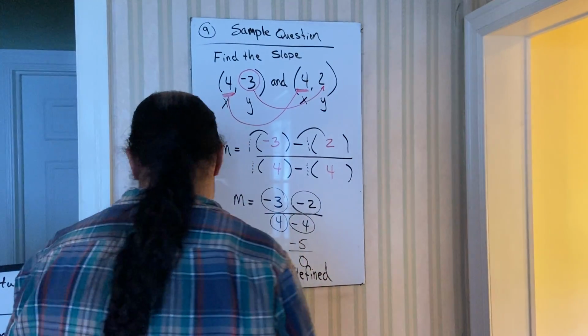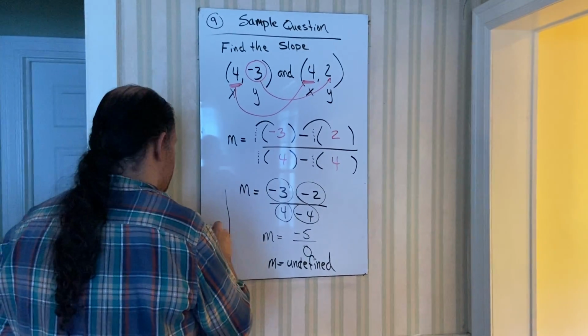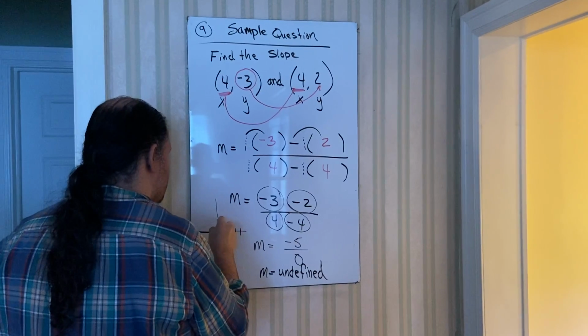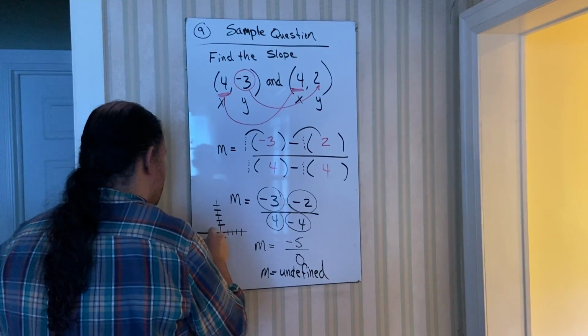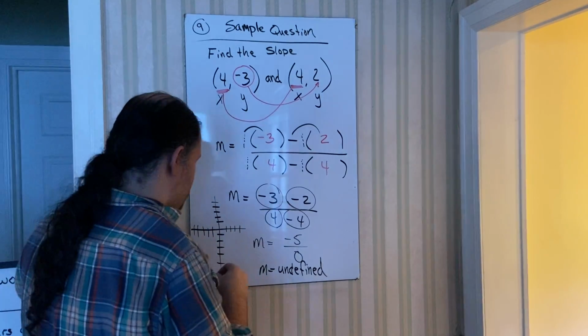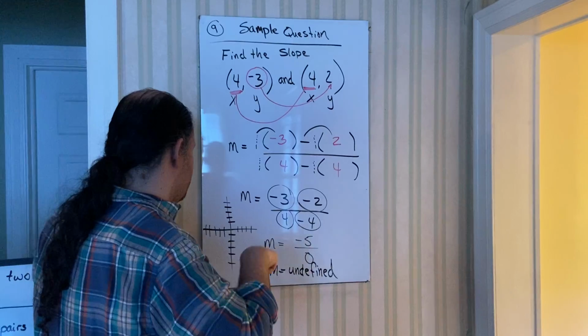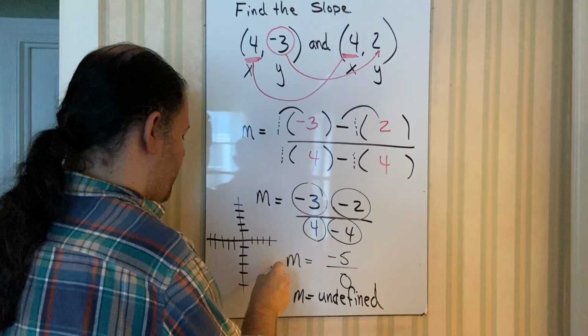If you're a visual person, I told you, you could actually plot these points if you wanted to. For -3, find x as +4, and then go down 3 units.